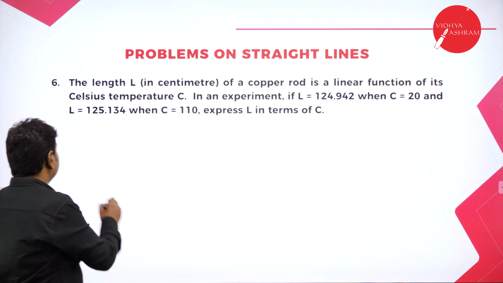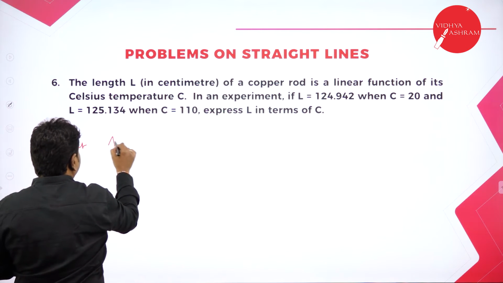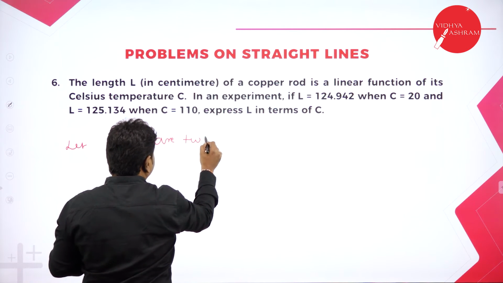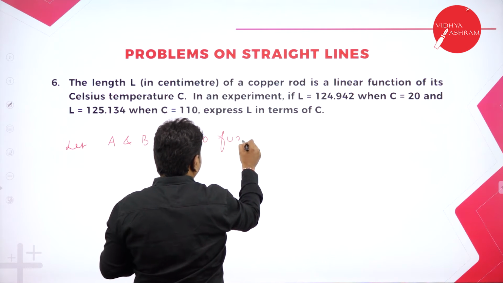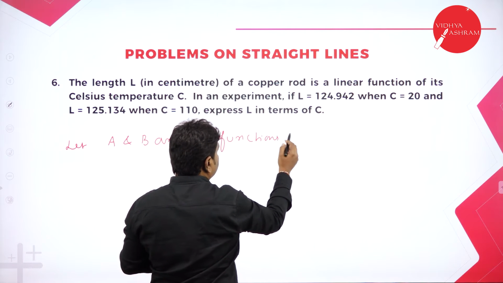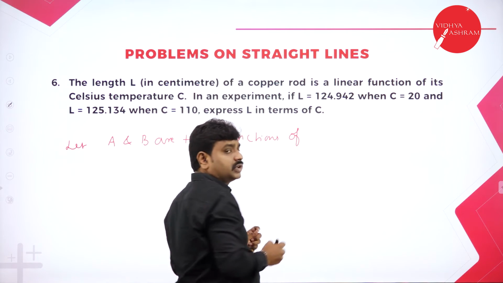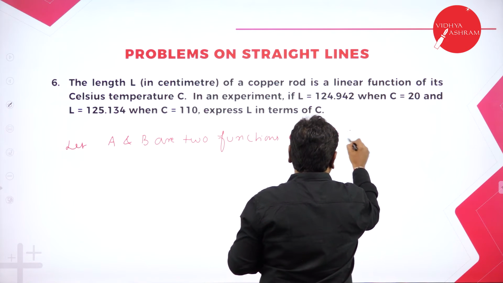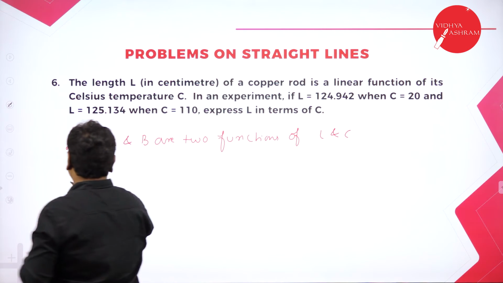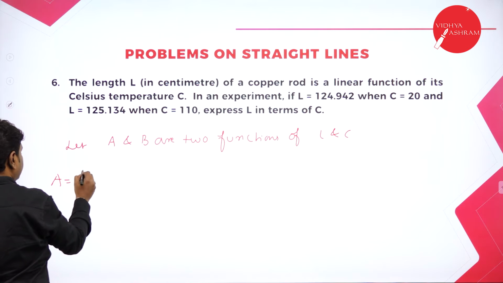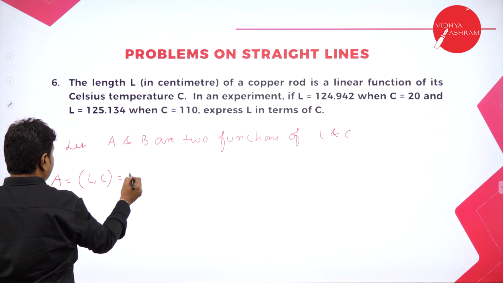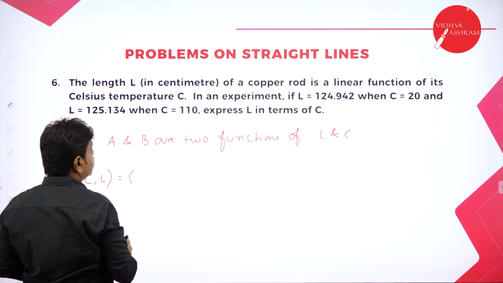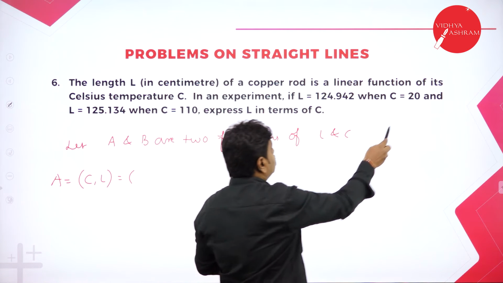So now according to me, let A and B be two functions of L and C. Therefore I can write point A is C, L. What is the C value? 20.